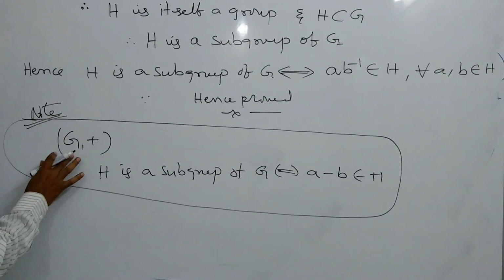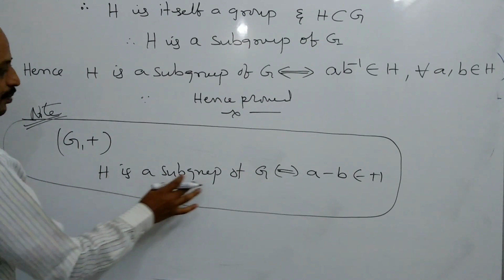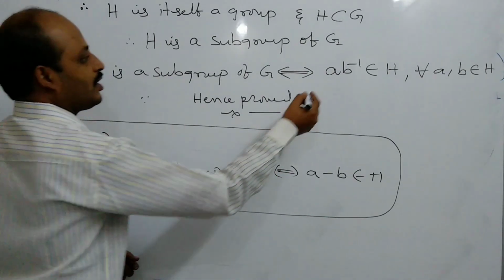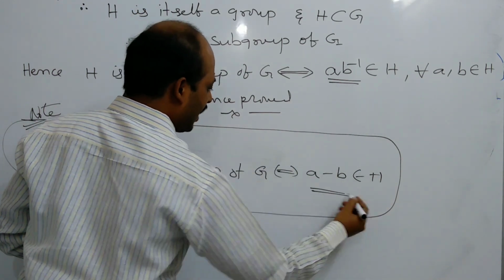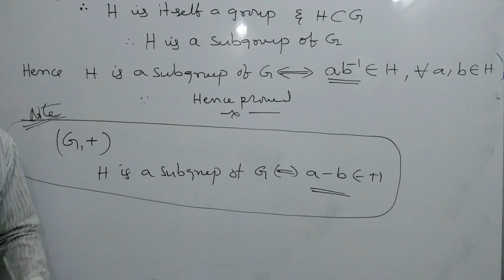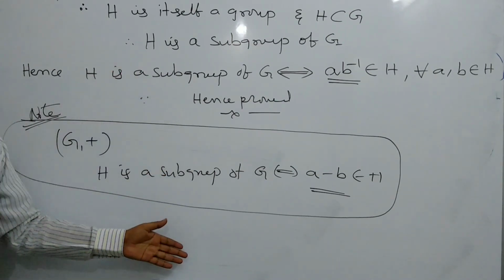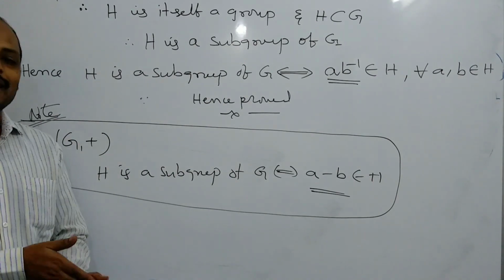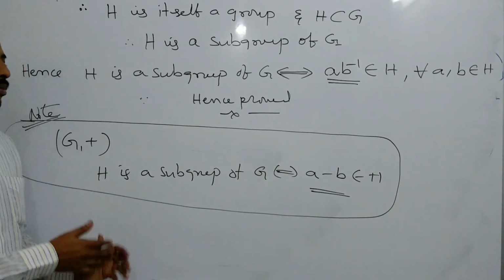This is under multiplication, this is under addition. Remember that these two points are very, very important, not only in this semester but also in the next semester, when we learn about linear algebra and ring theory. Practice the theorem.